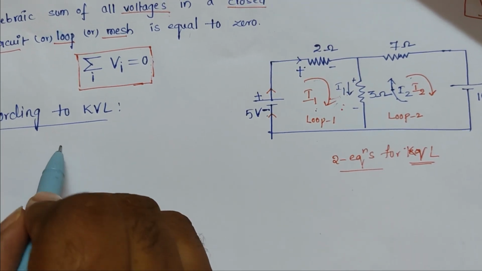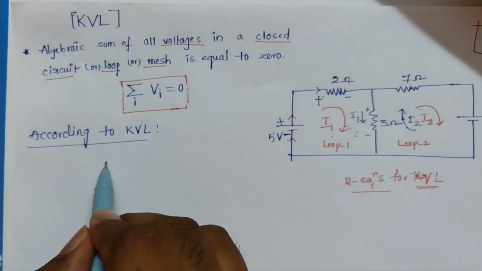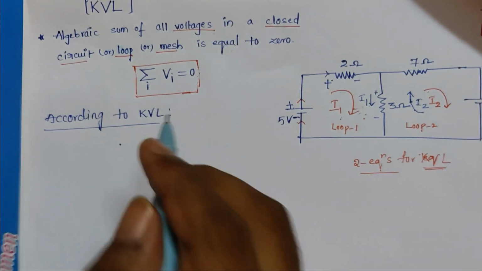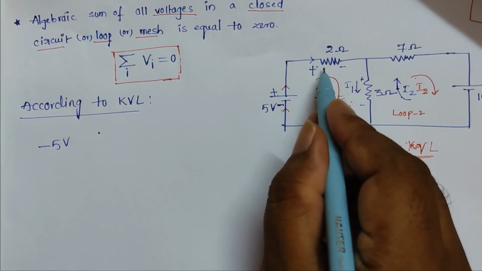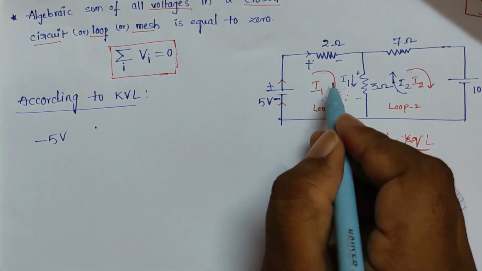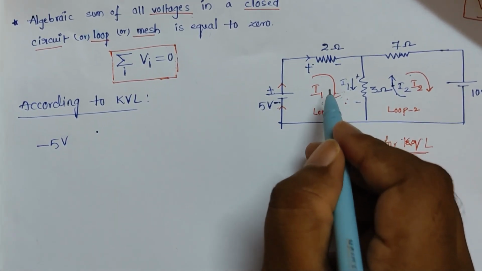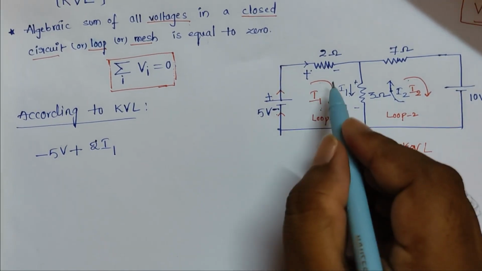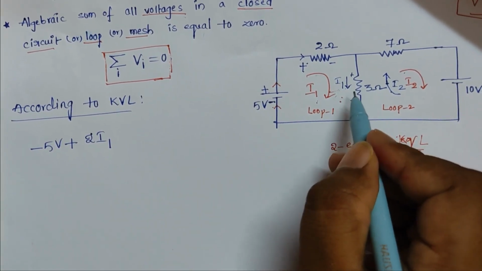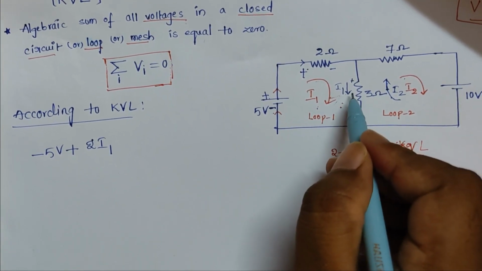Minus 5 volts, since the algebraic sum of all voltages in one loop is 0. Next, plus 2 into I1, since the current in this loop is I1. The voltage across the 2 ohm resistor is 2 I1, and the voltage across the 3 ohm resistor is 3 times the net current, that is I1 minus I2.